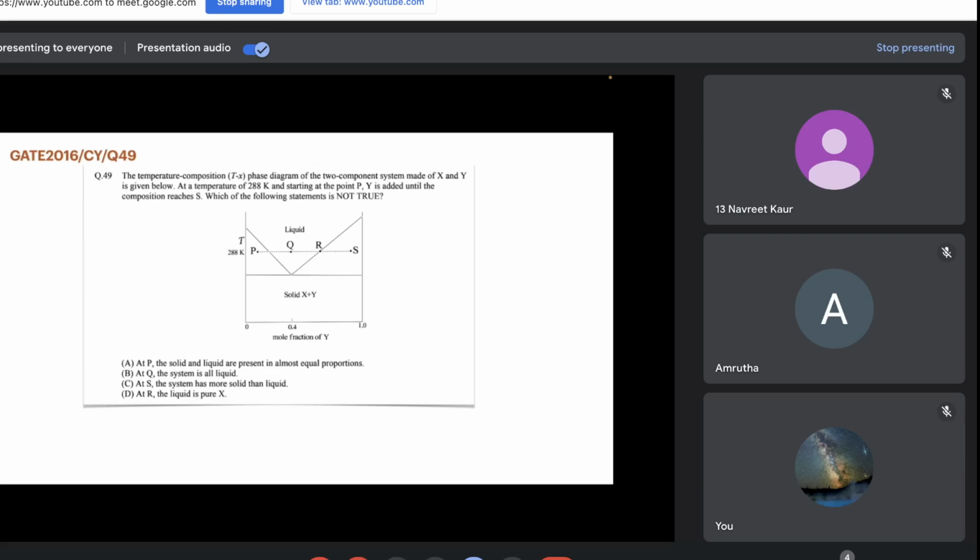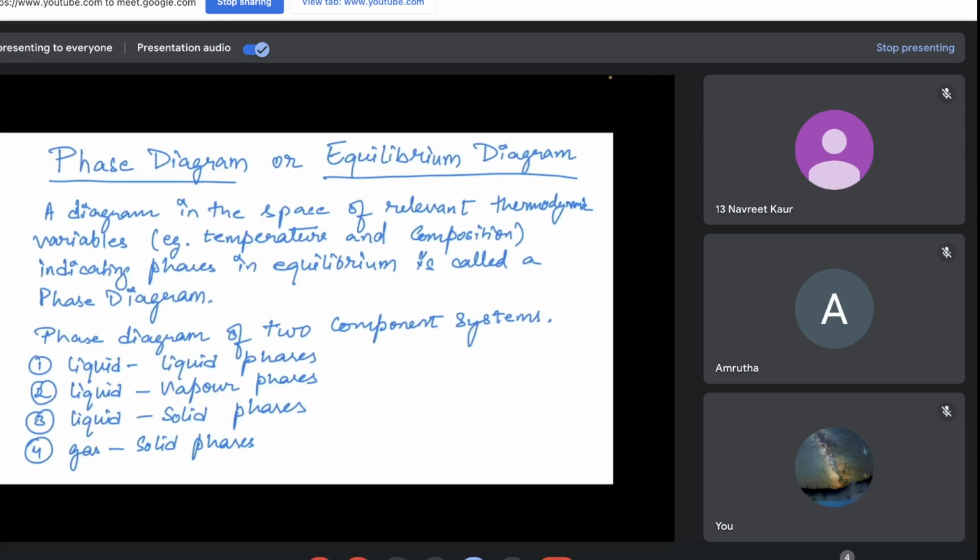So before we move towards the answer of the statement which is not true, let's get into some basics. The phase diagram or equilibrium diagram is a diagram in the space of relevant thermodynamic variables, for example temperature and composition, or pressure and composition, indicating phases in equilibrium.